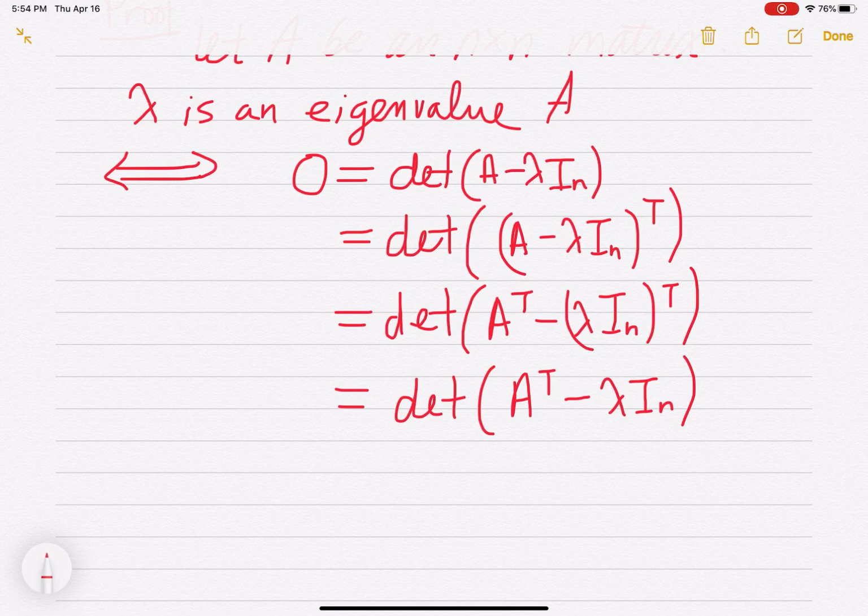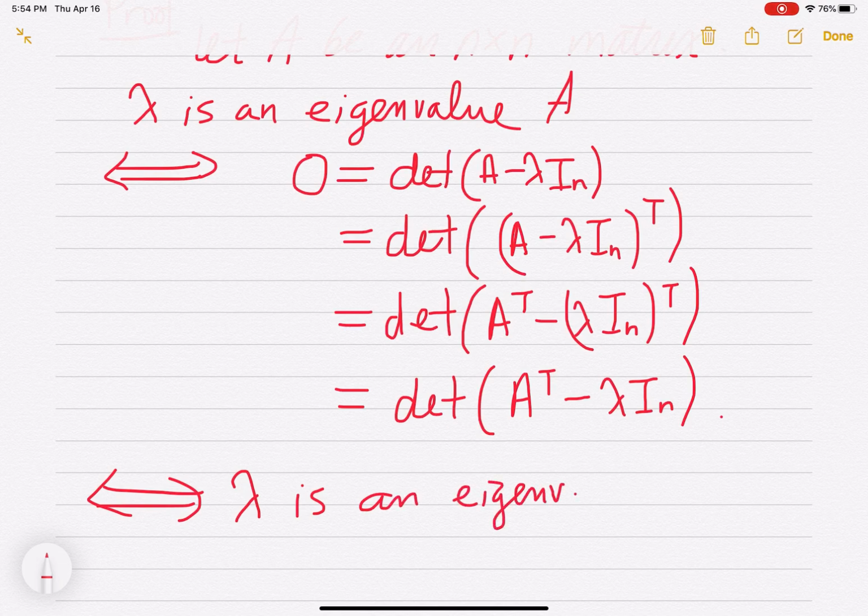So what do we have here? The determinant of A transpose minus lambda I is 0. Well, this is just a fancy way of saying that lambda is an eigenvalue of A transpose.